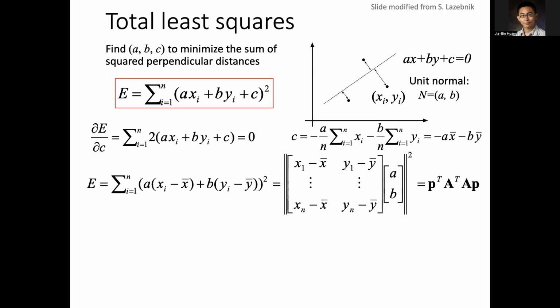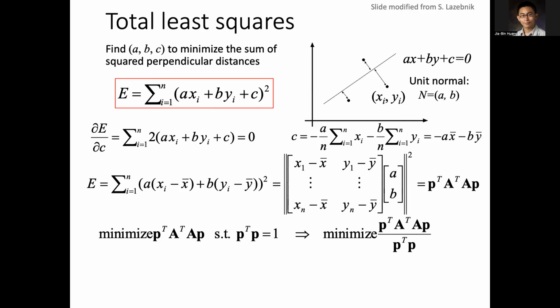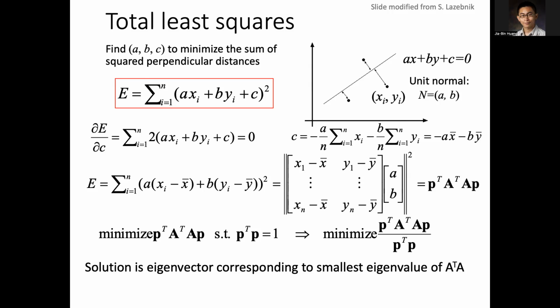Because a and b represent the direction of the line, a squared plus b squared must be equal to 1. So the problem looks like this: you have to minimize this subject to a constraint. The solution is that you conduct an eigen decomposition of A transpose A, and you pick the eigenvector corresponding to the smallest eigenvalue. That's how you can solve this.